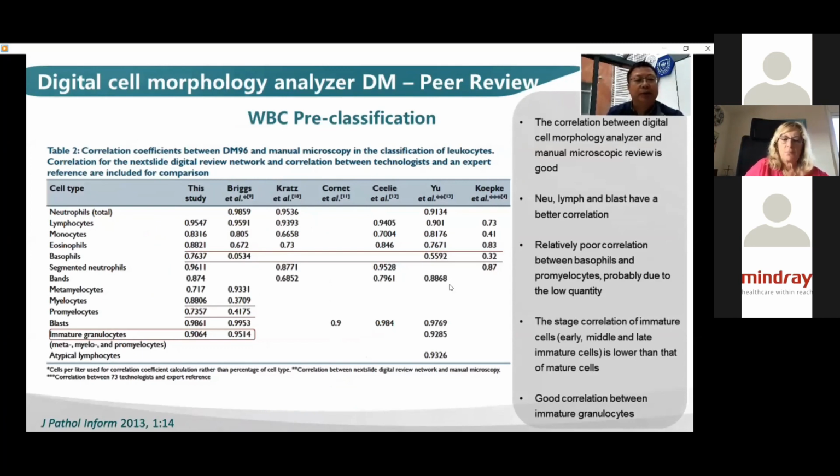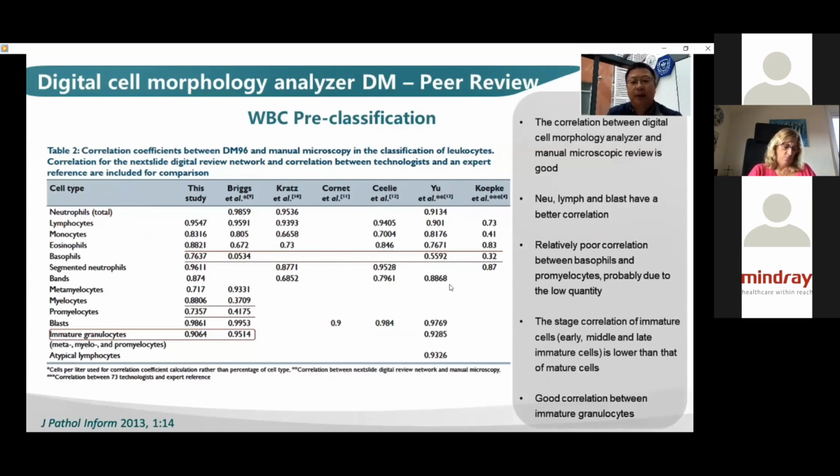Well, regarding the digital cell morphology analyzer DM peer review, you can see the correlation between the digital cell morphology analyzer and the manual microscopic review is good. And also, the lymphocytes and the blasts have a better correlation. It also has a relatively poor correlation for the basophils and the promyelocytes, probably due to the low quantity.